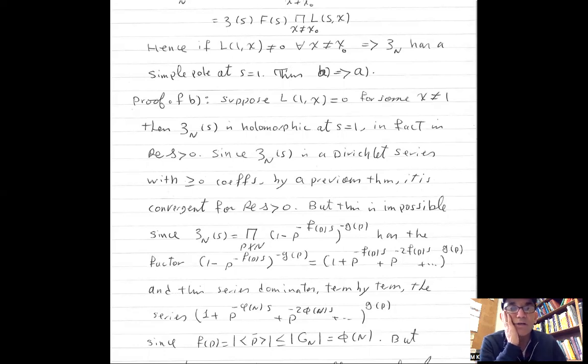And then we have the product over all L functions for non-trivial characters. Zeta, we know, is originally defined for real part of s bigger than 1 and has a simple pole at s equal to 1, but can be analytically continued to real part of s bigger than 0. This already we have seen.